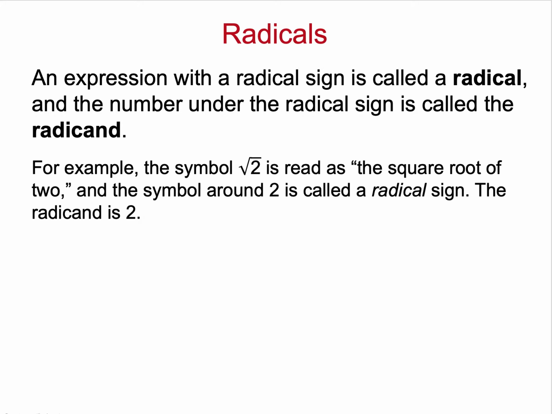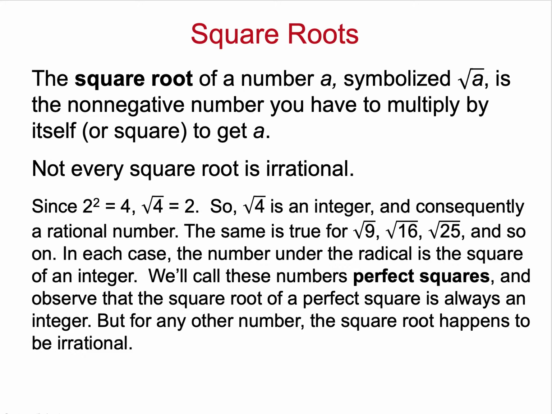We tend to read it as a square root, but the proper terminology is radical and radicand. So the square root of a number, which we show as the square root of a, is a non-negative number that you multiply by itself to get a.